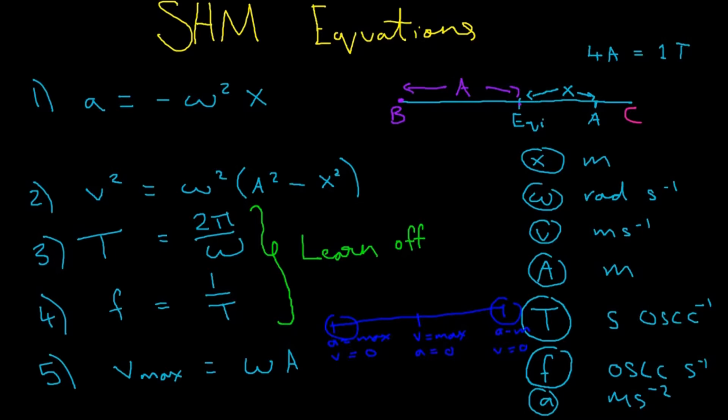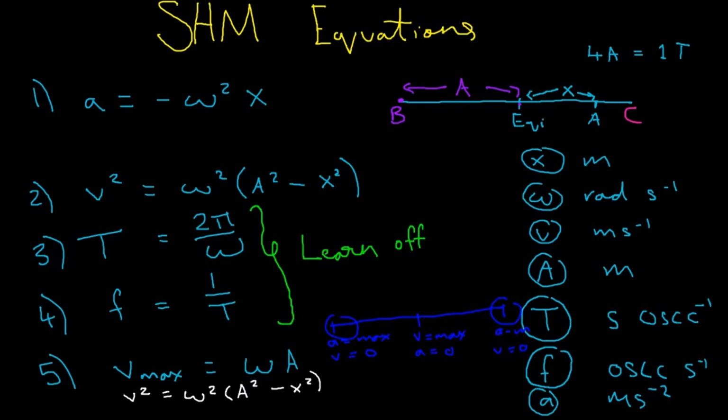So you don't need to be able to derive this, by the way, but it's just good to know. So you can use v squared is equal to omega squared by a squared minus x squared.